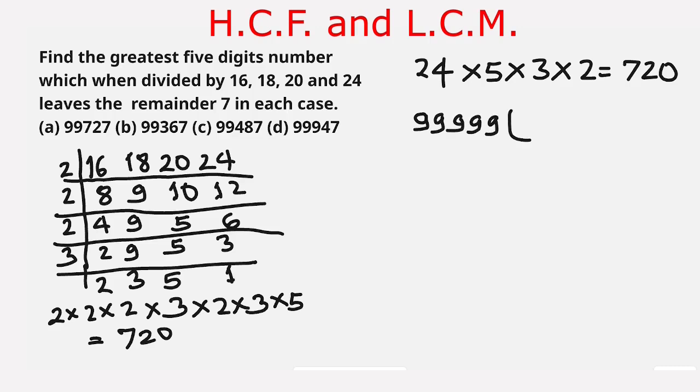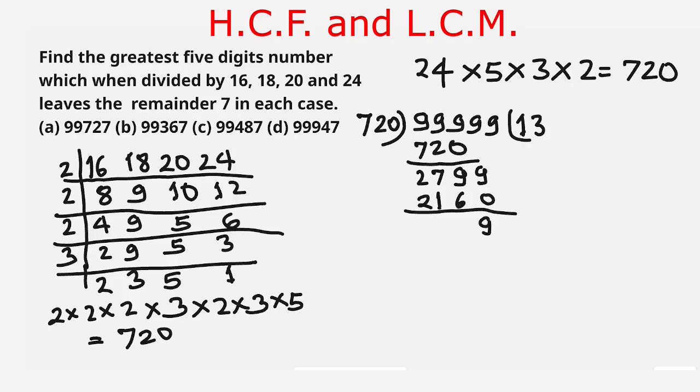99,999 by 720. 720 divides 999 one time. On subtracting 720 from 999, we get 279. We carry 9 from above. 720 divides 2799 for 3 times. 720 times 3 is 2160.